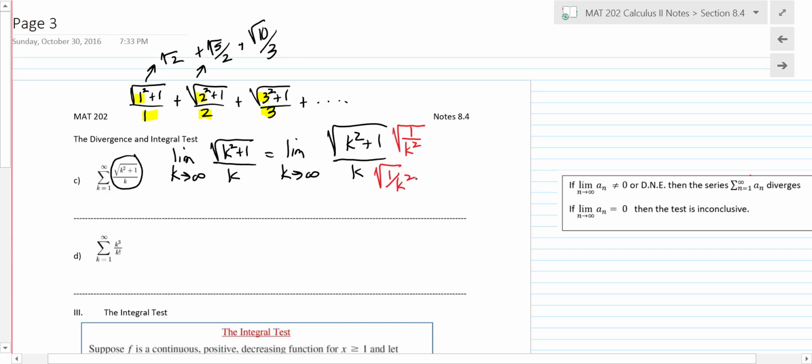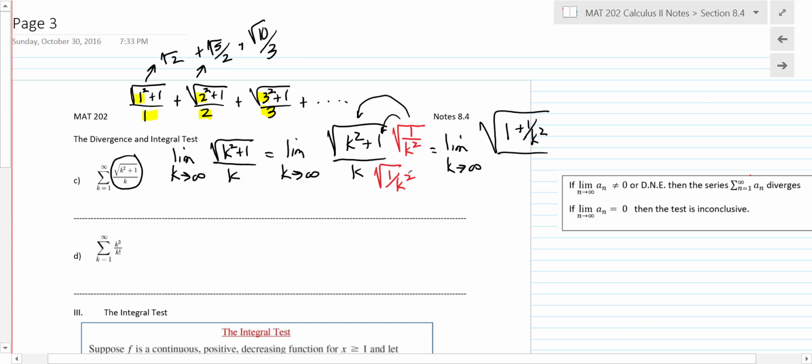So you can just think of going under the radical and dividing by k squared. Now when you do this, you're going to have the limit as k goes to infinity. Underneath that square root, just think about distributing. So that's going to be k squared times 1 over k squared, so that's going to be 1. And then this times this is going to be 1 over k squared like that.